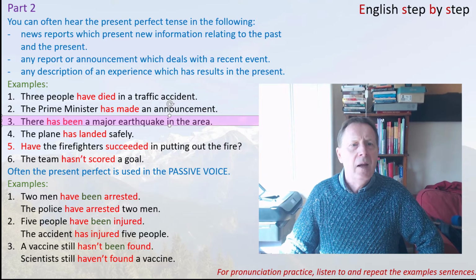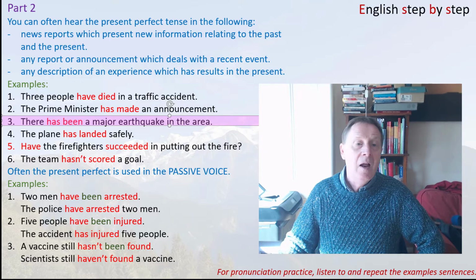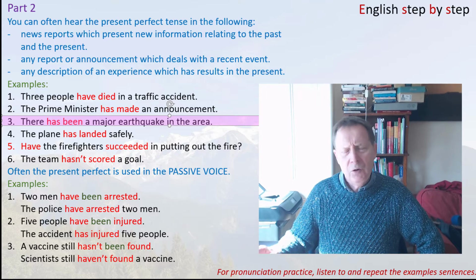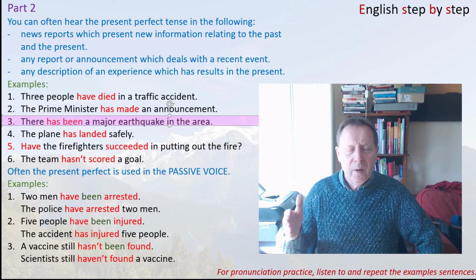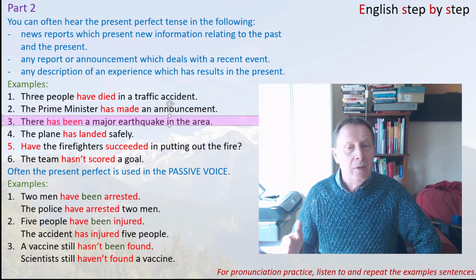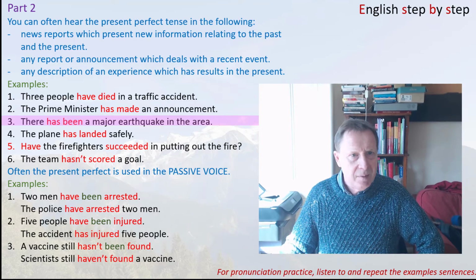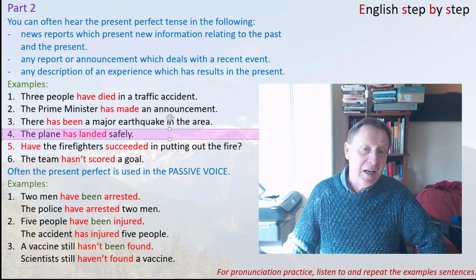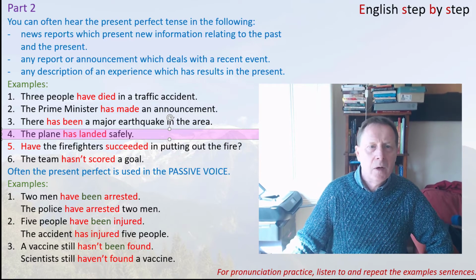Number 3. There has been a major earthquake in the area. There was an earthquake on Monday. So if you change it to a sentence with a specific time, then you need to use the past simple. The plane has landed safely. It landed at 9 o'clock, for example.